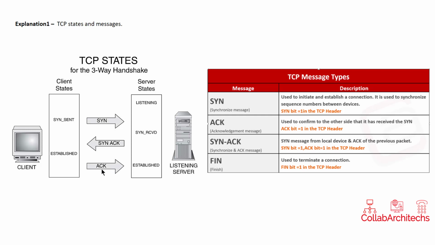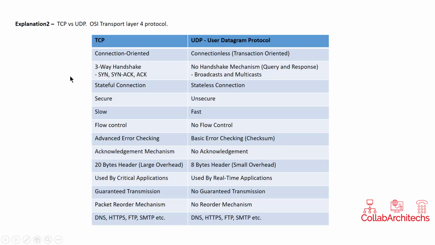Now let's see the difference between TCP and UDP. Both TCP and UDP work on the OSI transport layer, which is the fourth layer of the OSI.